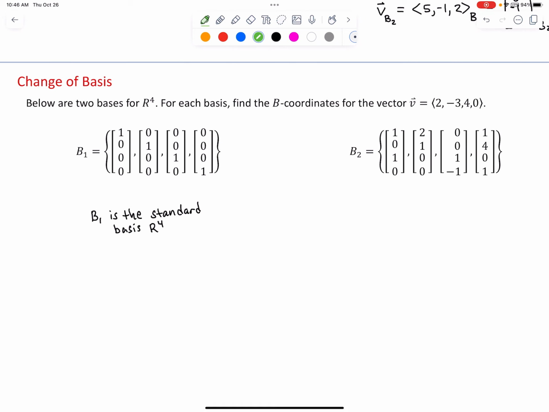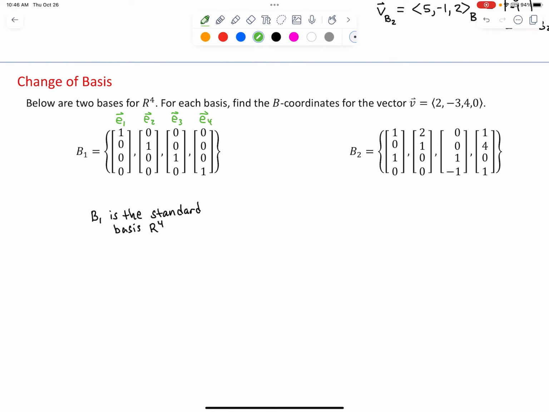This first vector is often labeled as vector e sub 1, and then we have vector e sub 2, vector e sub 3, and vector e sub 4. So e's are often used to represent standard basis vectors, and we could also do that for R3 and R2 instead of the ij and ijk notations.